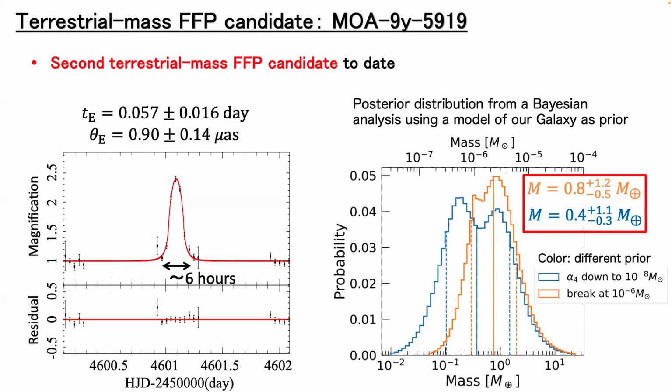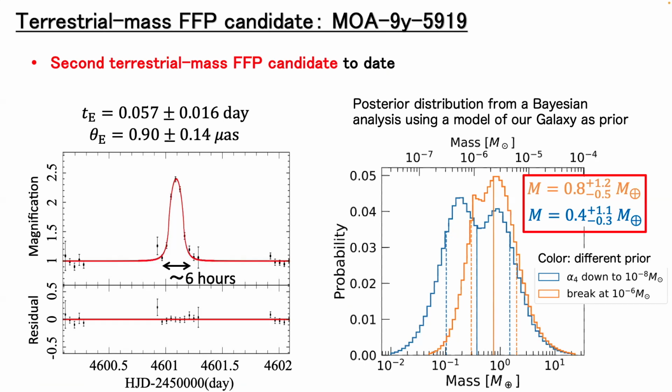The orange one has a break at 10 to the minus 6 solar mass, which is about the minimum mass that we think our sample has sensitivity to, and after the break it has a flat shape in mass.